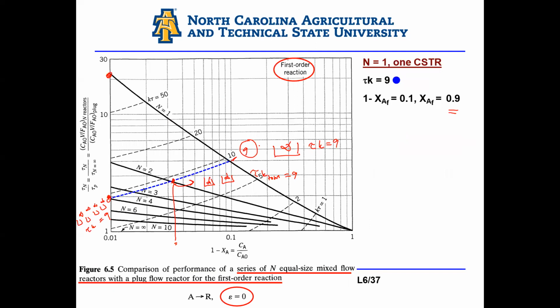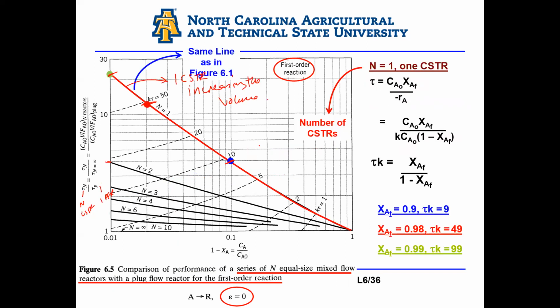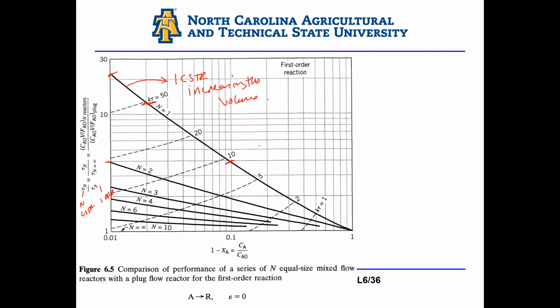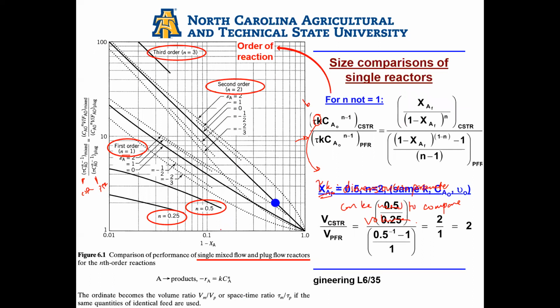And you can see this in this chart, where at high conversions the ratio of volumes is very high compared to low conversions, where you can see the ratio of volumes is very low.